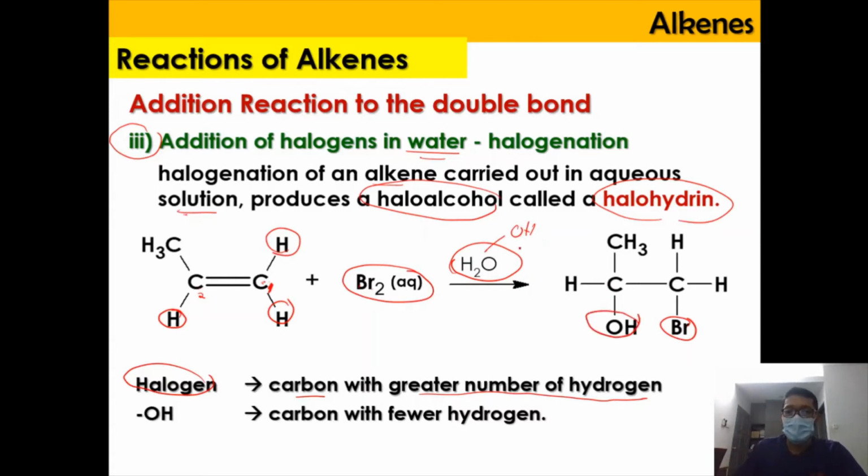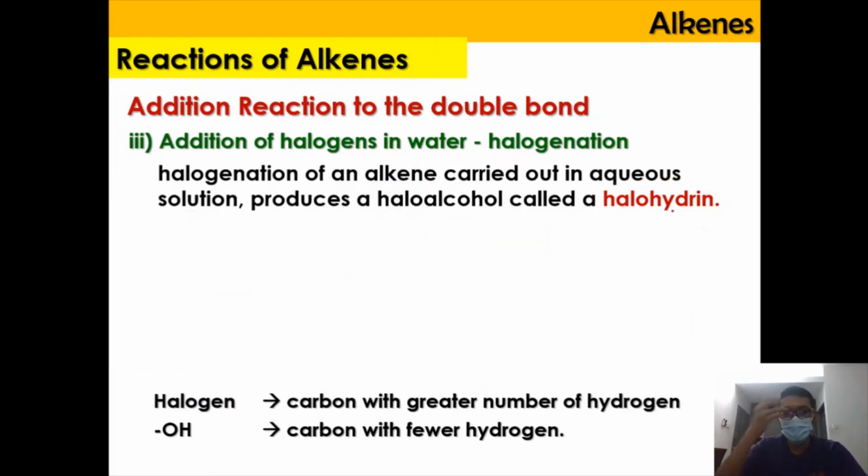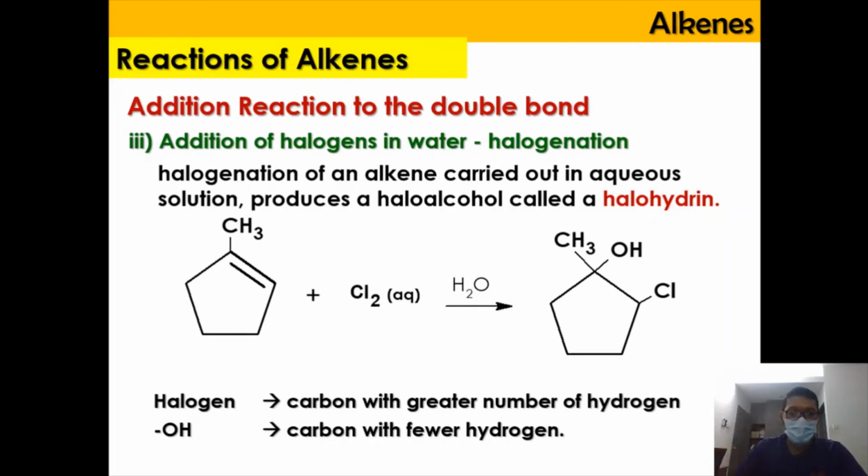And this is called a halo alcohol because OH is the hydroxyl functional group, so the class of the compound is alcohol, and because it contains a halogen, the Br, it is called a halo alcohol, also known as halohydrin. Okay, the same goes for the example here.